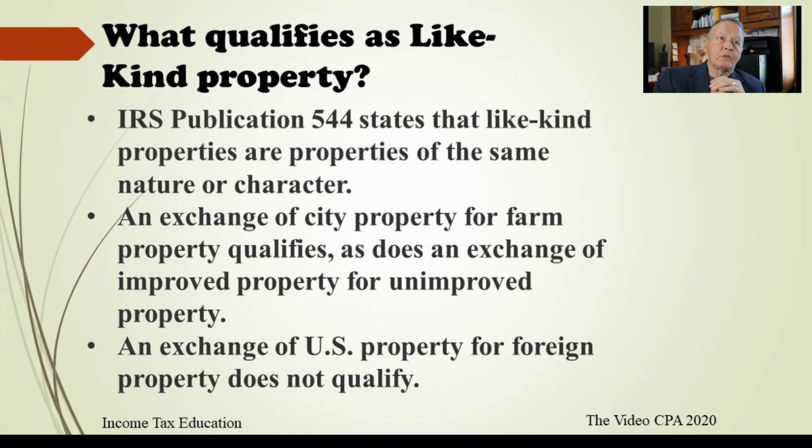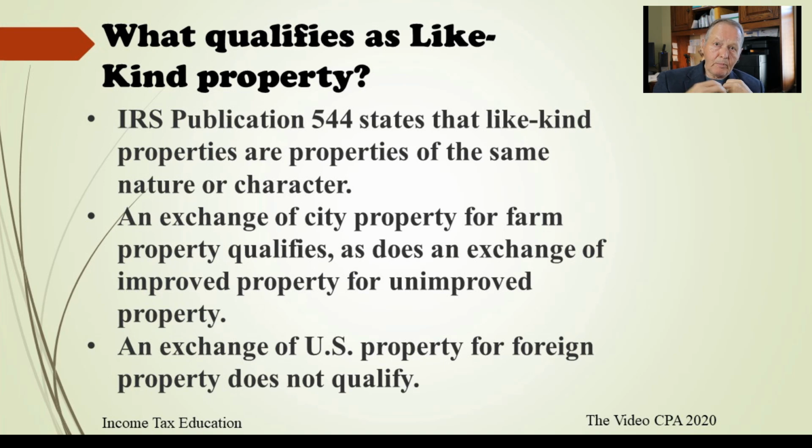All right, so what does qualify as a like-kind exchange? These things are described and detailed in IRS Publication 544, and they basically say that they have to be the same in character. So you've got real estate for real estate. That means you can have undeveloped property for developed property, and that works.